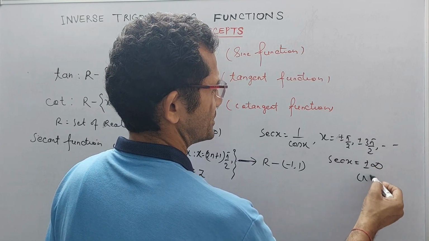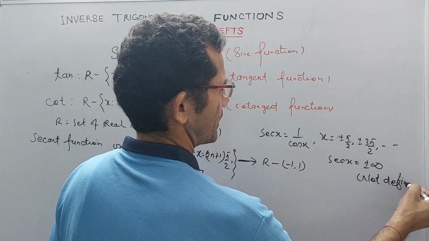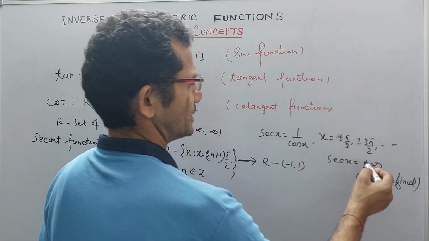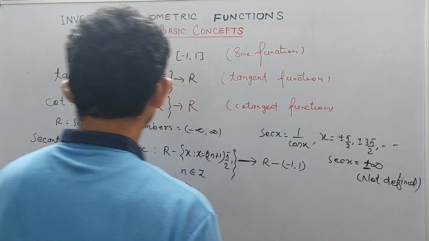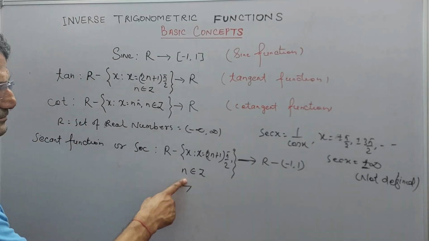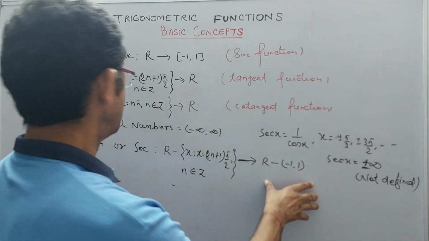So sec x is not defined for these angles, and we have to exclude them. Here this is the domain part and this is the codomain part.